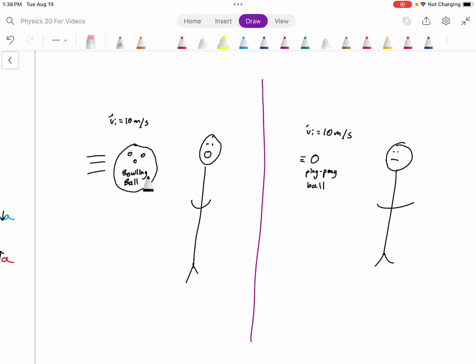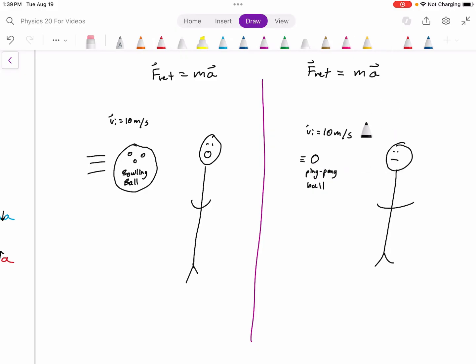Now, you know the answer, but can you explain why with what we know about Newton's second law? I want you to pause the video and take a second and think about it, right? Use the equation to think about it and remember that forces are what hurt us, right? Okay, well, take a look here. The acceleration either way, if this hits us and comes to a stop versus if this ping pong ball hits us and comes to a stop, right?